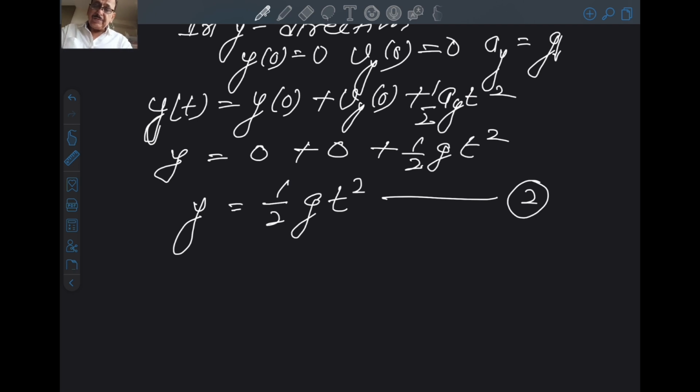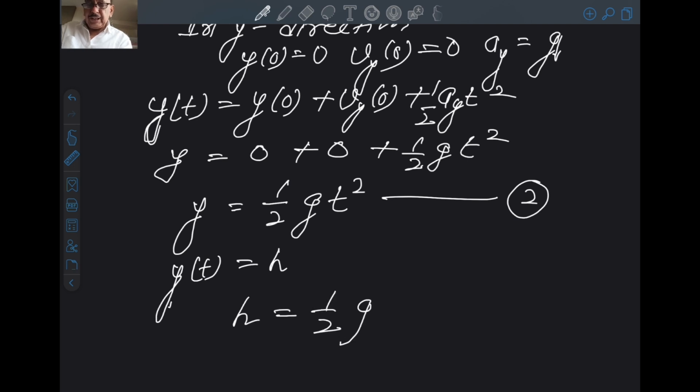Now for certain definitions. The first definition is time of flight, meaning when the body reaches the ground. Definitely when it reaches the ground, the final y direction position becomes h because it comes to the ground. In this case, if I put this value, then h becomes half g T square. In place of small t, we write capital T because it is a special time called time of flight.